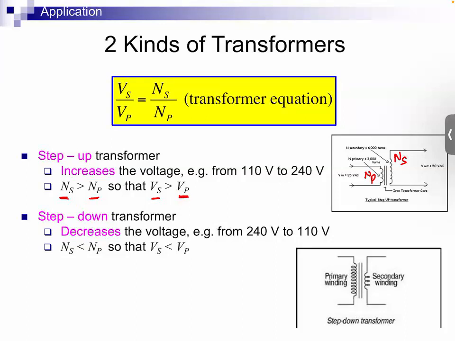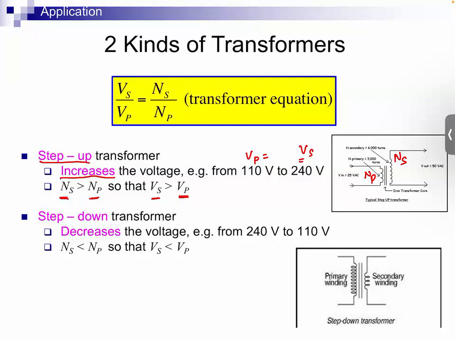Hence this transformer increases the voltage going from primary to secondary. For example, the primary voltage is 110 volts and in the secondary coil you have a voltage of 240 volts. Because the voltage increased, we call this transformer the step-up transformer.